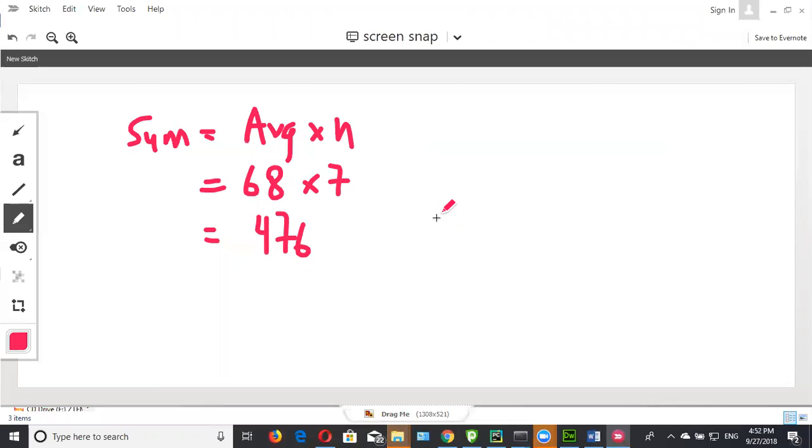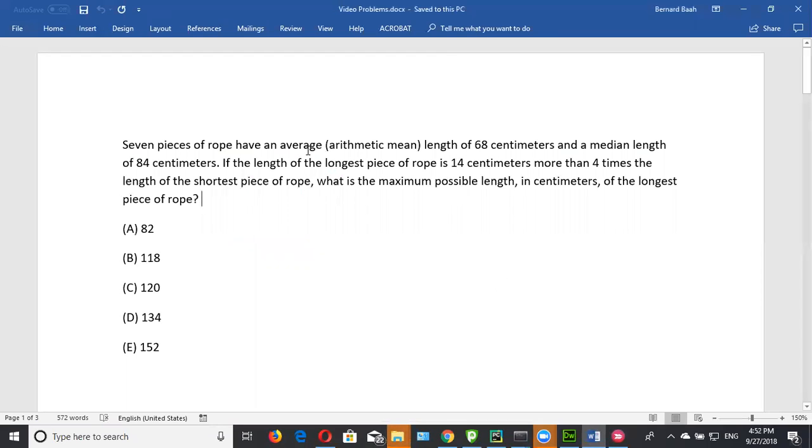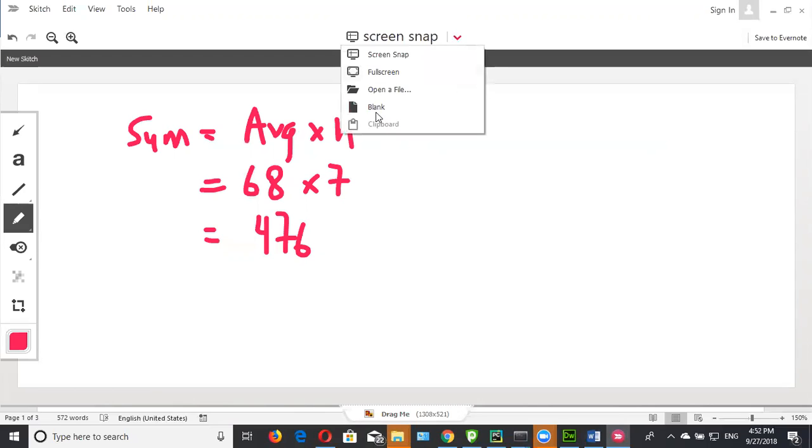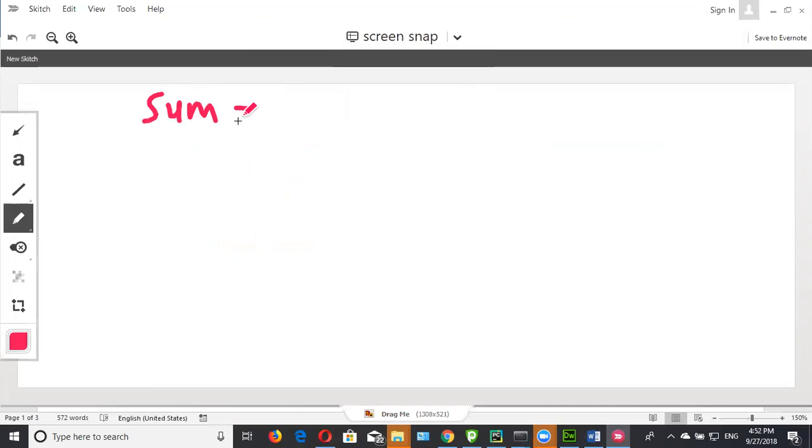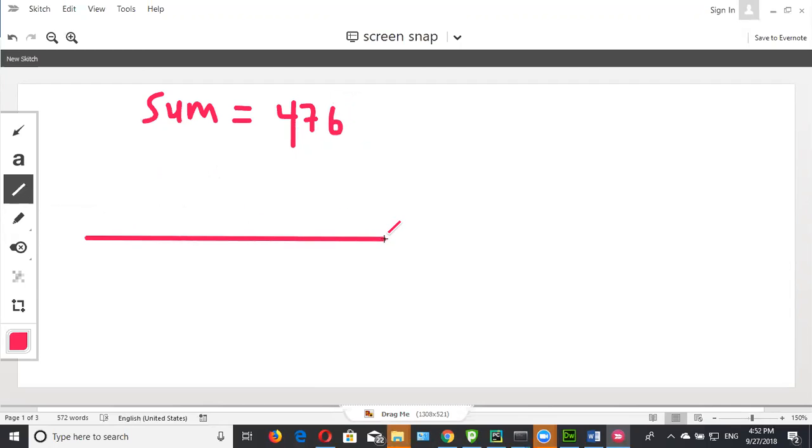And then what we're also told is that the median length is 84 centimeters. So I'm going to write the sum down, and then I'll represent the numbers on a number line. We're told that our sum is 476, in effect: 68 times 7 is 476. Then we can represent the 7 pieces of rope on a number line as follows.